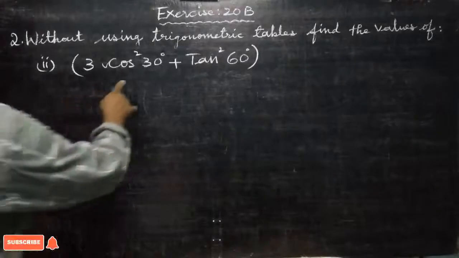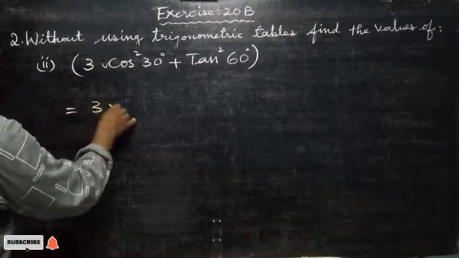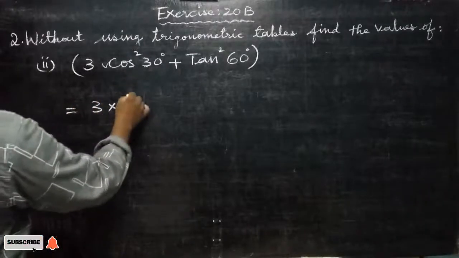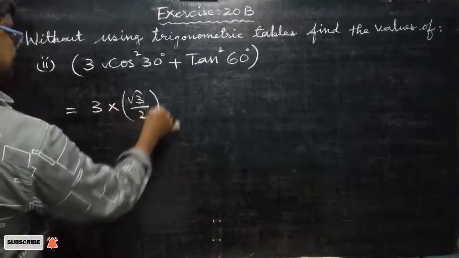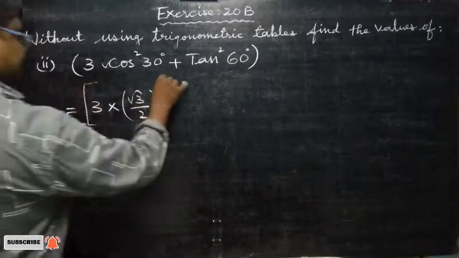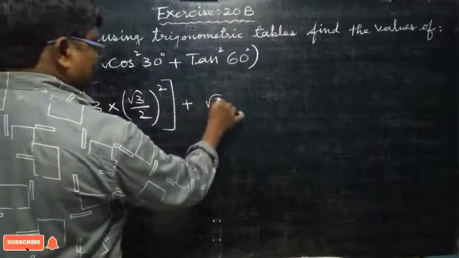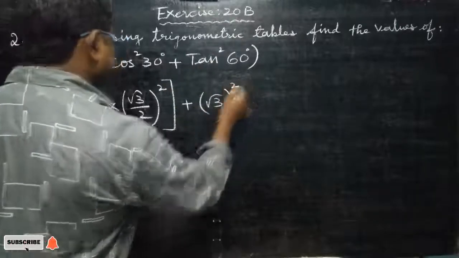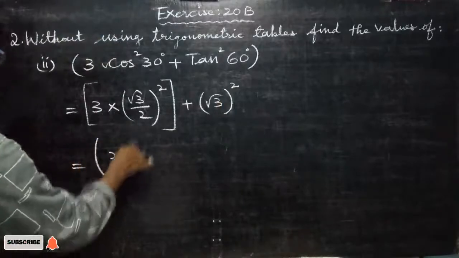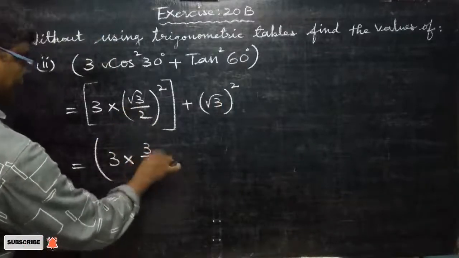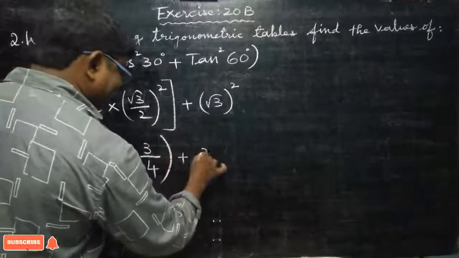Now this problem also without using tables. Second problem, second bit. 3 into cos 30, root 3 by 2, whole square. This is one term, first term, plus tan square 60, tan 60 is root 3, whole square. That is equal to, now 3 into root 3 is 3, 2 twos are 4, plus root 3 into root 3 is 3.